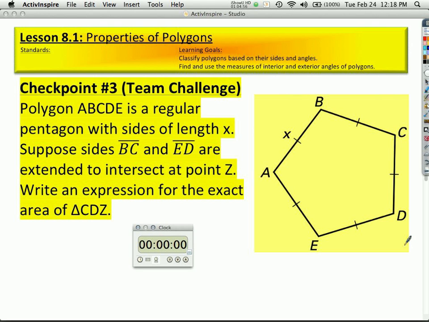How would you find one of the heights if you already have a missing side and another missing side? So now you have to think back to other tools that you've learned in the recent past. Because there's something going on.